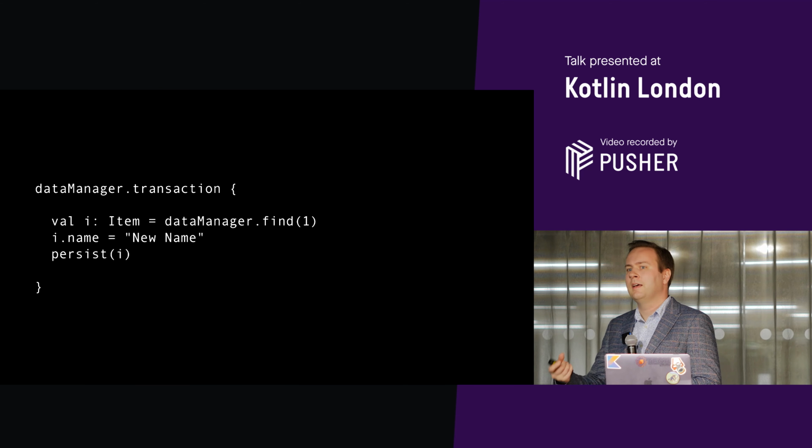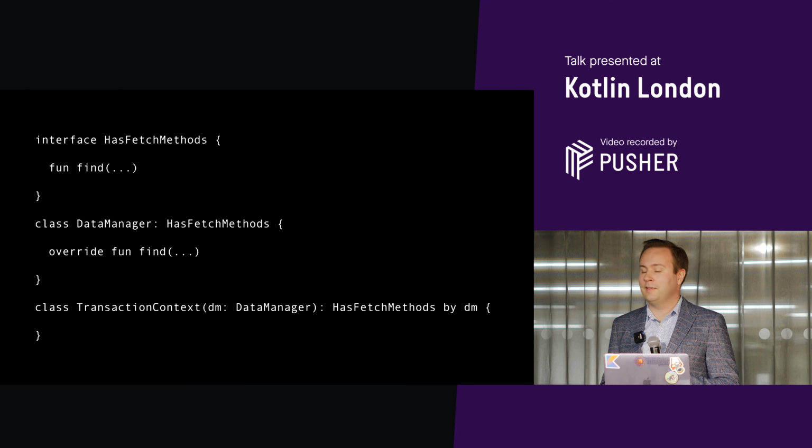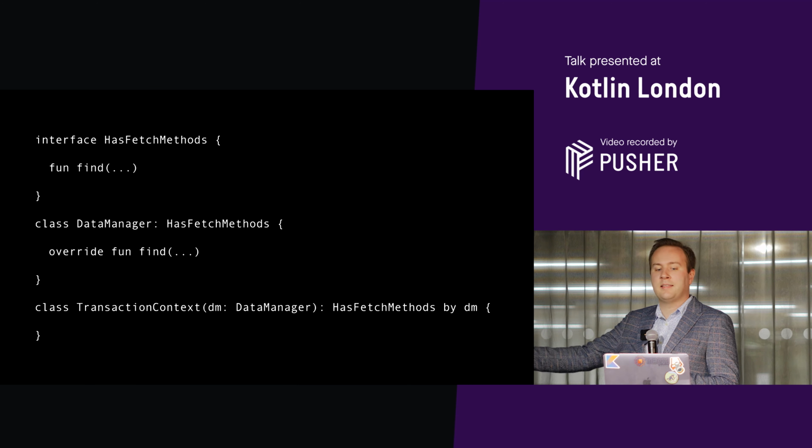So the solution that I came up with is to extract all of the fetcher methods into their own interface called HasFetcherMethods. At this point, DataManager can implement that interface. And then we can pass our DataManager into our transaction context and use that DataManager as a delegate implementation.